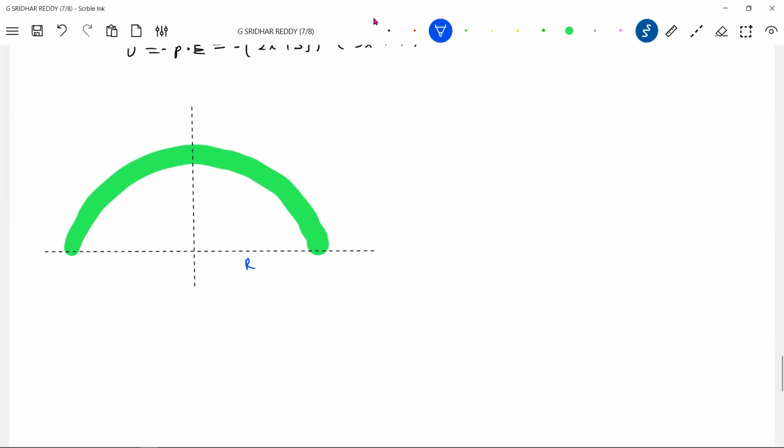This arc will be negatively charged, and this arc will be positively charged. I want the linear charge density to be plus lambda, minus lambda. I want the electric dipole moment of this particular charged semicircular ring.